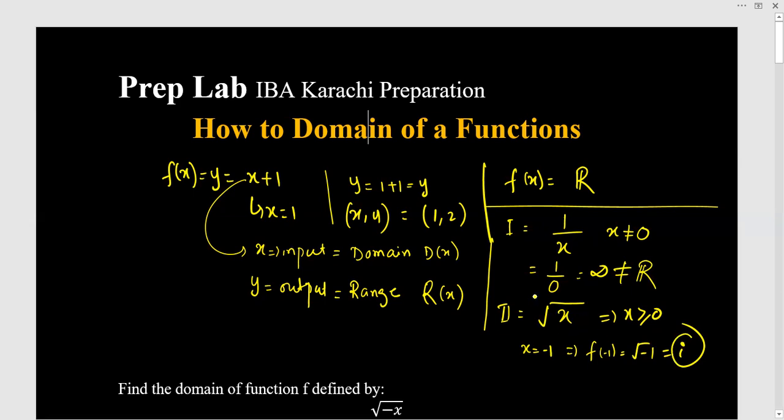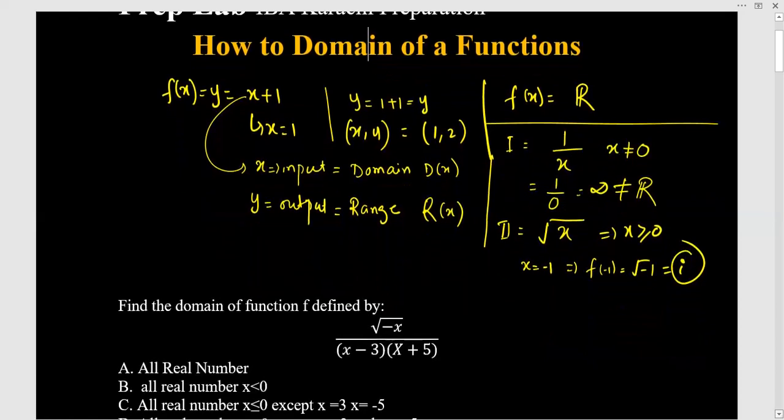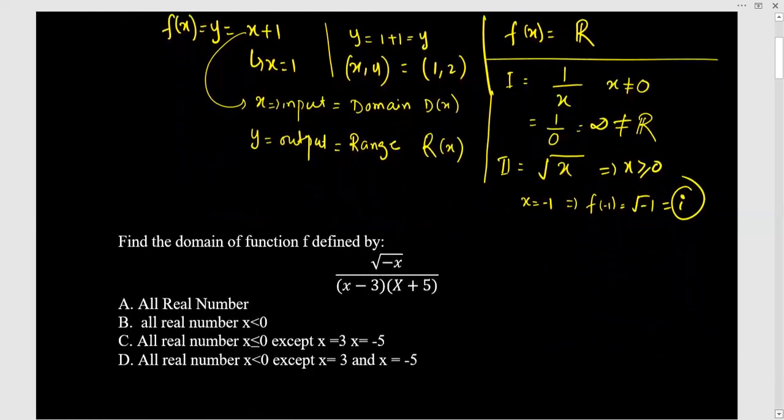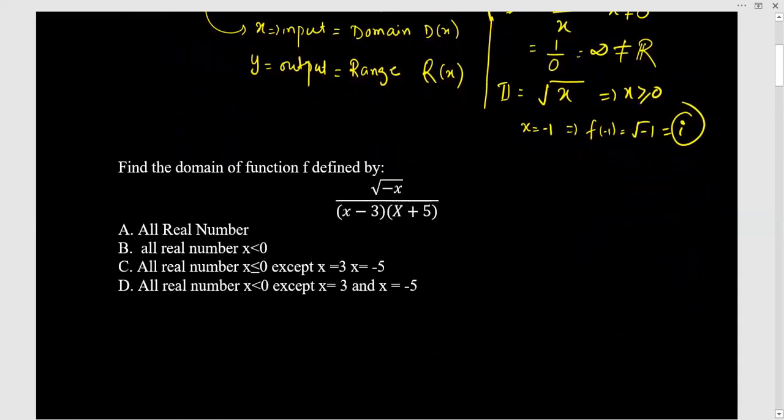Okay. So we are going to discuss the question, and this question is very interesting. That is from the IBA Karachi entrance exam. There are two restrictions in one question, like I told you. So we can say that for minus x, we cannot put a positive value over there.